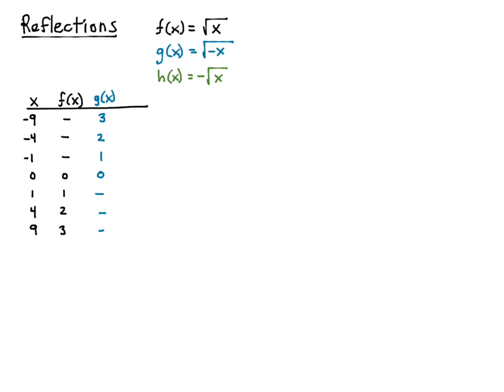Negative 4 is 4, so we can take the square root of that, and so on. Once we get into positive numbers and make them negative with this negative sign, it's outside of the domain, so we have no values. And h at x is exactly f at x, but with a negative sign in front of it.